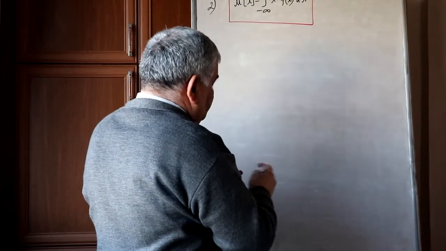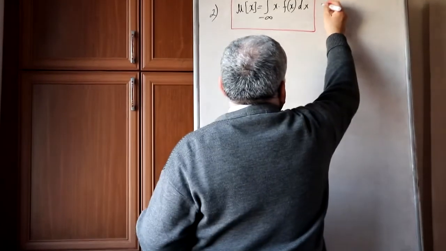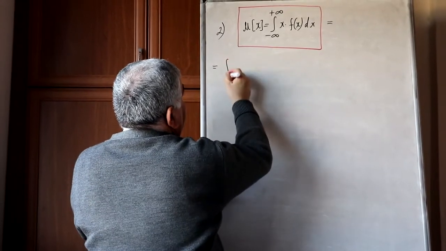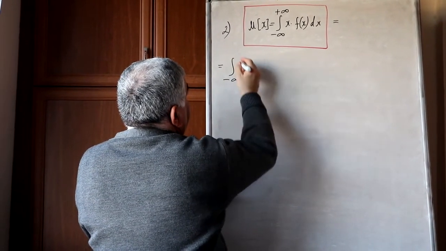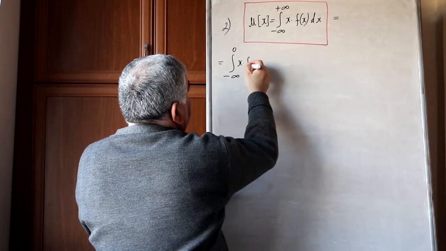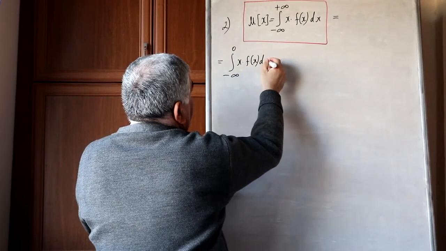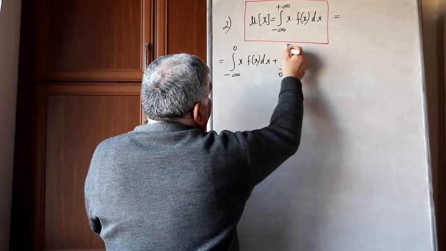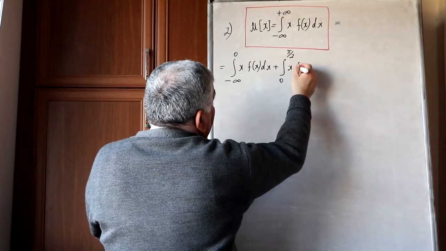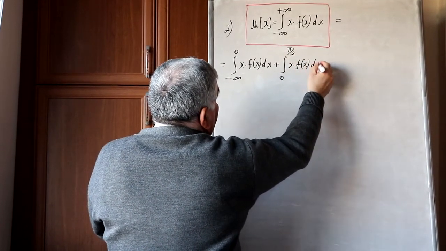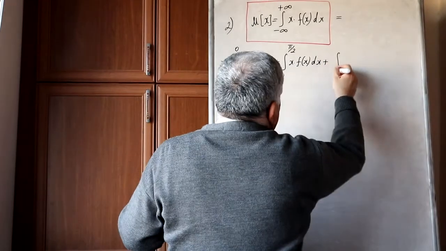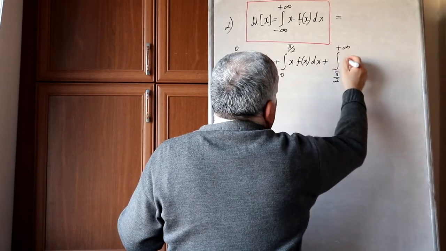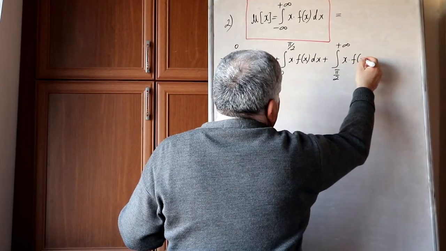Separate this integral into three integrals. Integral from minus infinity to 0 of x f(x) dx, plus integral from 0 to pi in half of x multiplied by f(x) dx, and plus integral from pi in half to plus infinity of x f(x) dx.